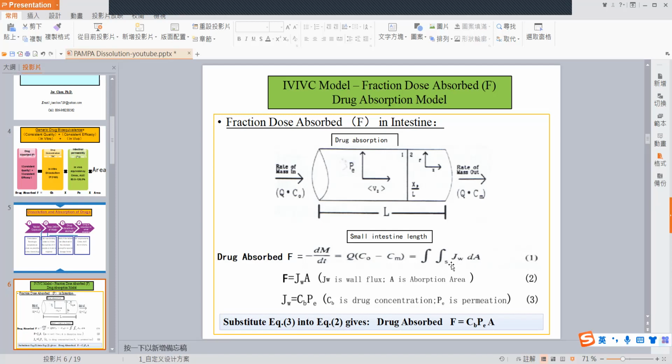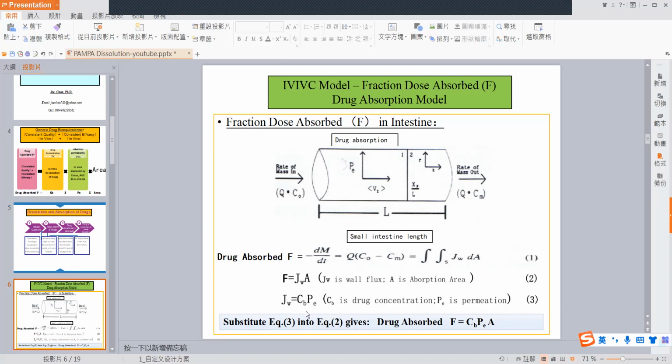That can be written in terms of mass as JW times dA with a double integration, so that we can integrate easily. It becomes equation 2. After double integration, F equals JW times A, where JW is the wall flux and A is the absorption area.